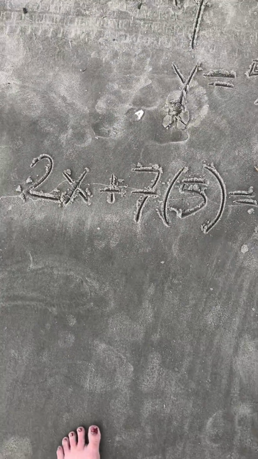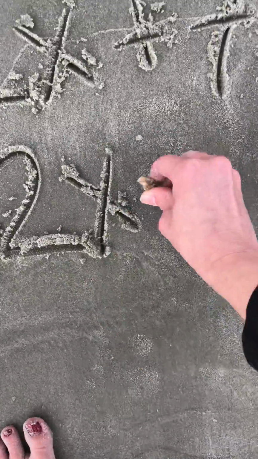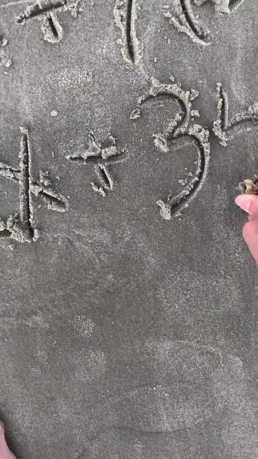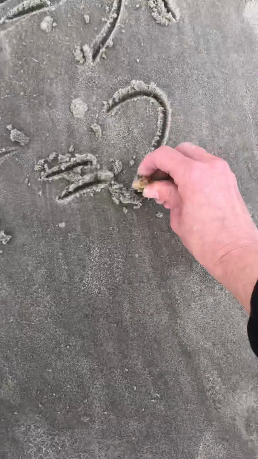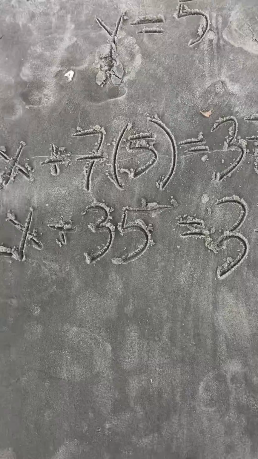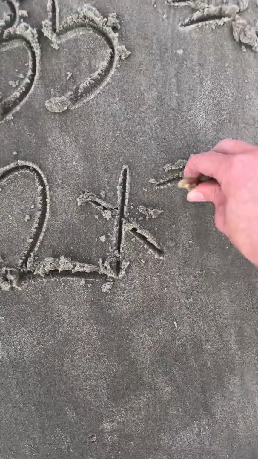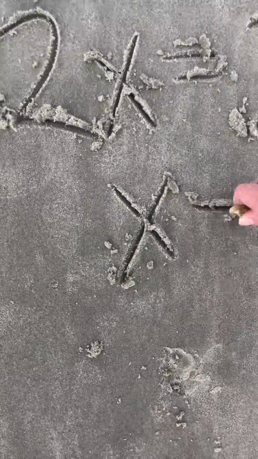Alright. 7 times 5 is 35. Oops, I'm trying to jump to the answer already. Yikes. Alright, there's my 37. Alright, if I subtract 35, we got 2x equals 2. So x will equal 1.